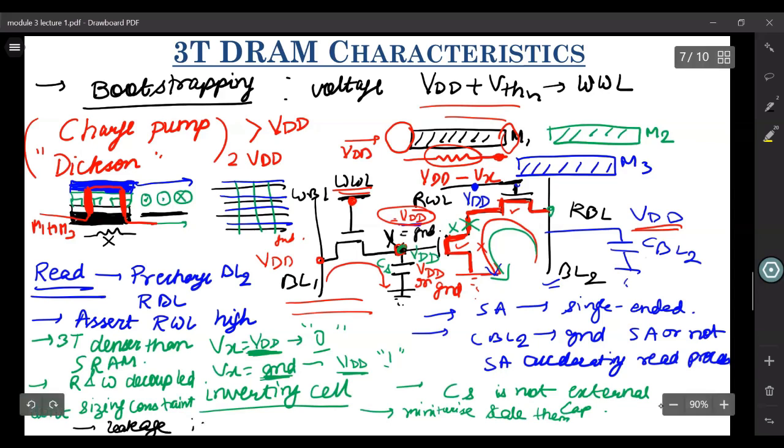So here also it's a non-destructive read. So this is also an advantage of this 3T DRAM. It's still used in some embedded applications. Let me tell you that, it's not that 1T1C is used everywhere. This also has some application. Even now it is being used and manufactured in some embedded applications.